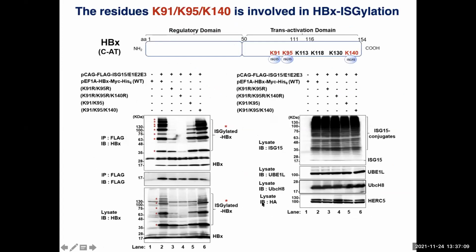Then we mapped which lysine residues are important for HBx ISGylation. And when we introduced mutations at lysine 91, 95, and 140, the ISGylated bands clearly disappeared. So this result indicates that lysine 91, 95, and 140 are important for HBx ISGylation.